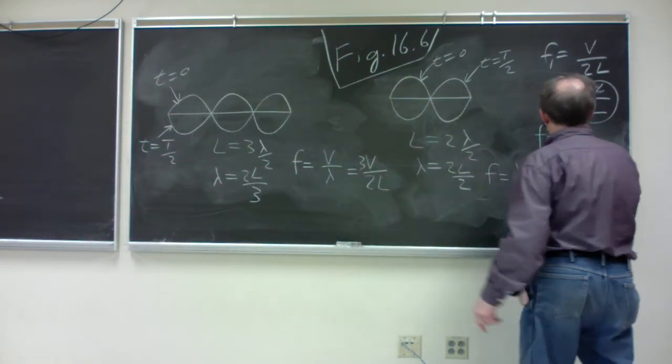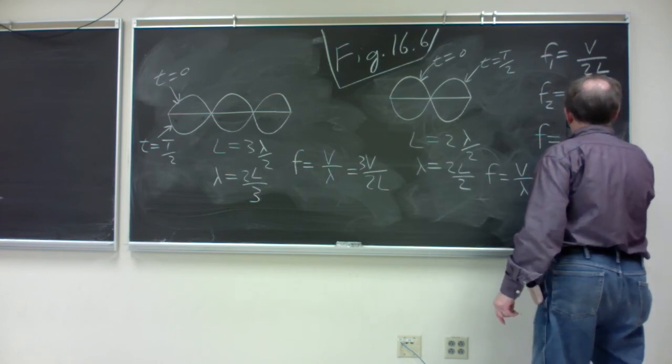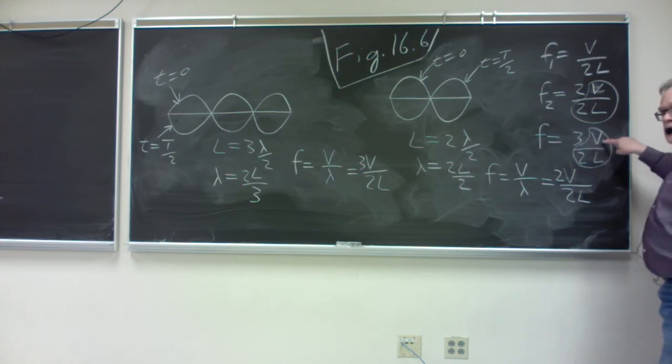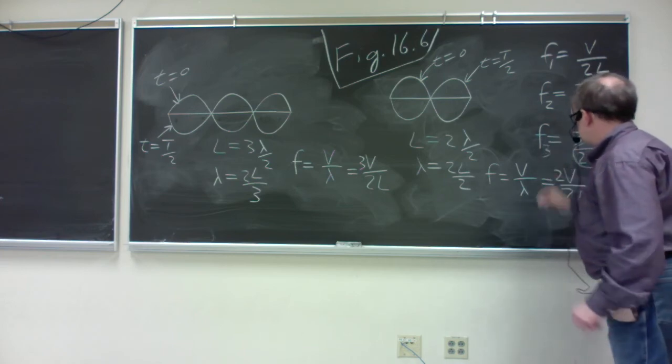Frequency is 3 times wave speed over 2L. Well, speed over 2L is the lowest frequency, and this frequency is 3 times bigger than that, so we'll call it f3.